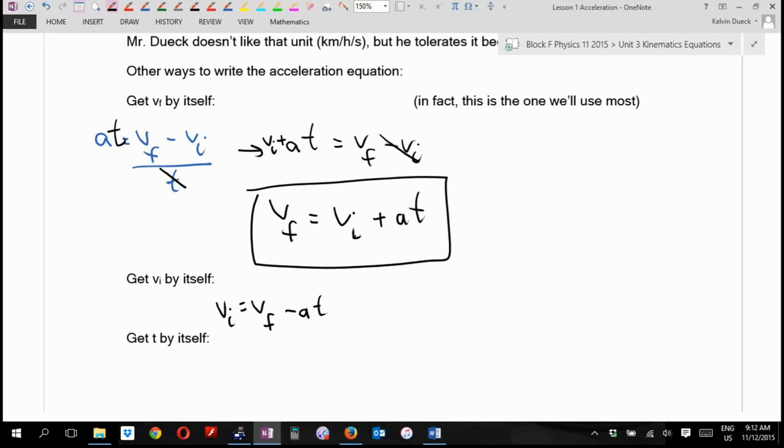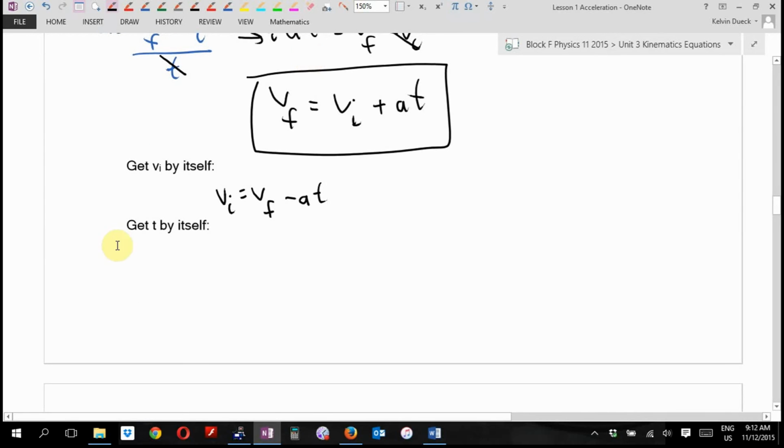What if I wanted to get the T by itself? I'm going to write down VF equals VI plus AT again. I want to get the T by itself. What's right in front of the T? A. What's the A doing to the T? Adding, subtracting, multiplying, or dividing?